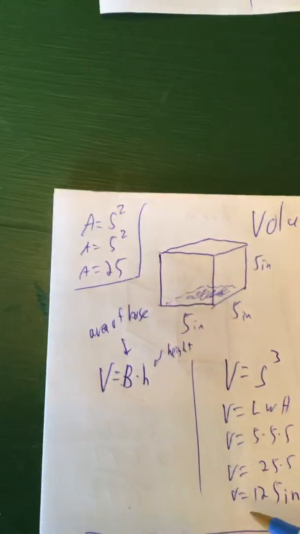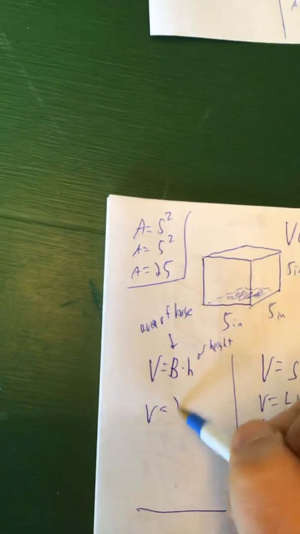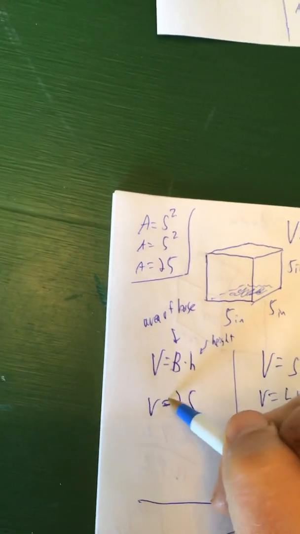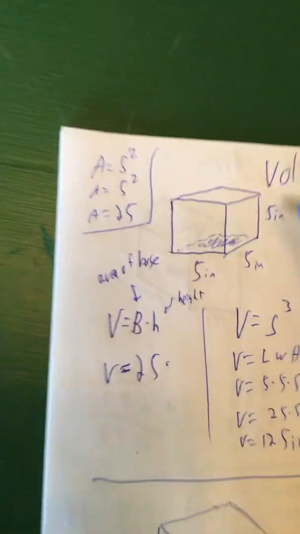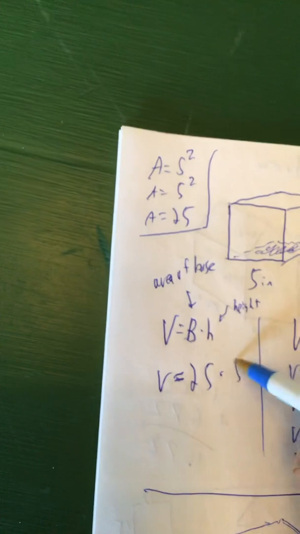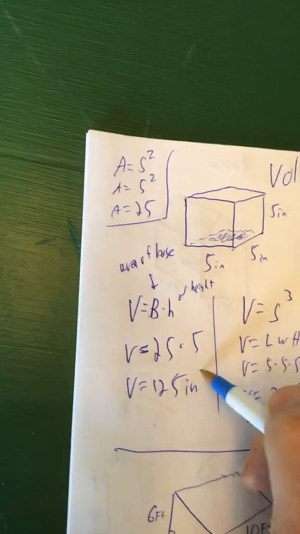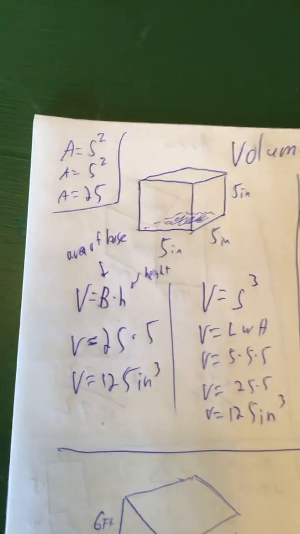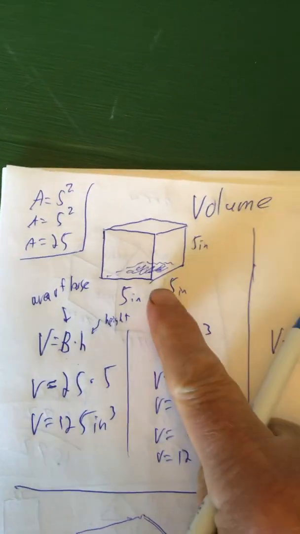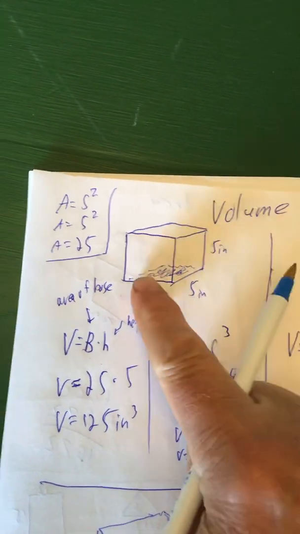There's the area of the base. And so if I plug that in, here's the area of the base, and times the height is 5, you get 125 inches cubed. So that's another way to do it, especially when they get to be weird shaped figures, you find the area of the base, and you just multiply by the height.